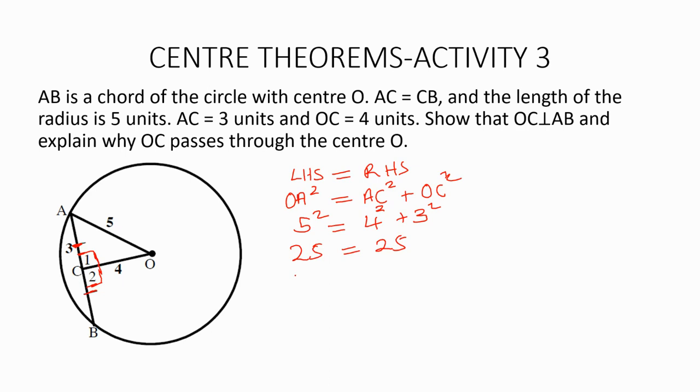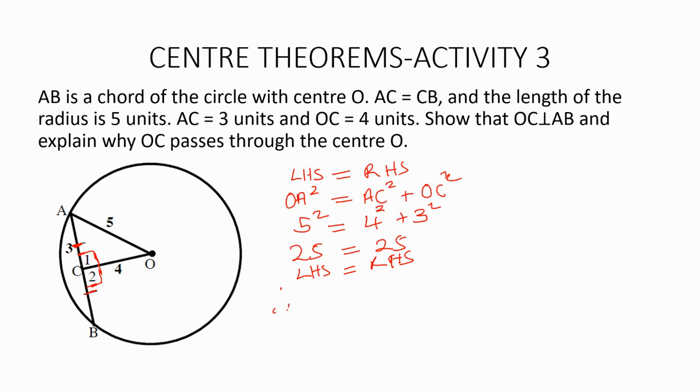So you've seen that the left-hand side is equal to the right-hand side here. We can conclude that this is a right-angled triangle, because the hypotenuse squared is equal to the sum of one side squared plus the other side squared. That's the Pythagoras theorem.